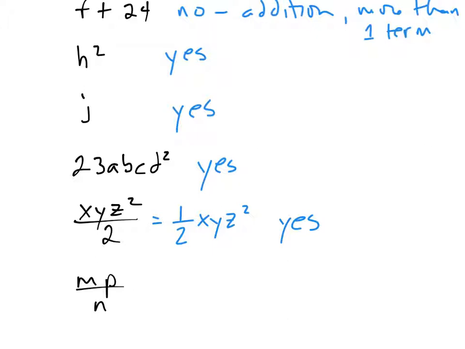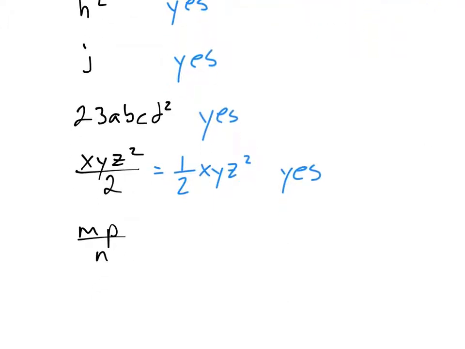All right, what about the last one? No, why not? Yeah, you can't change this into a number times all multiplication, right? When you put a variable in the denominator, now you are dividing by something, right?